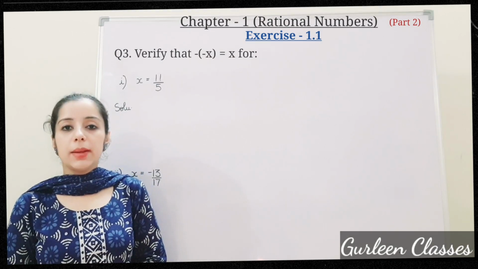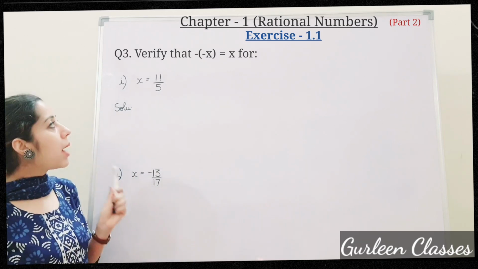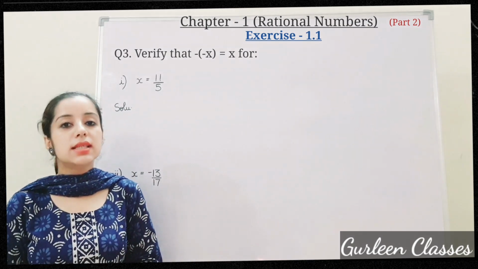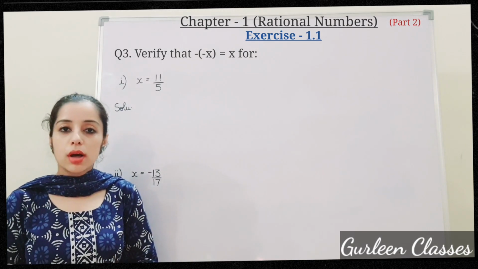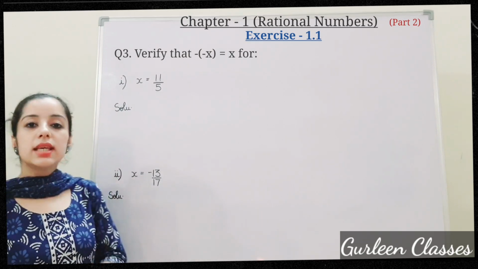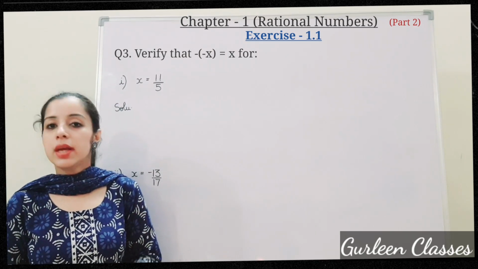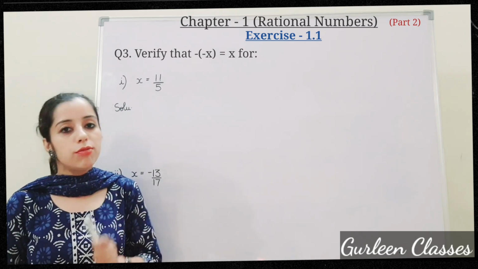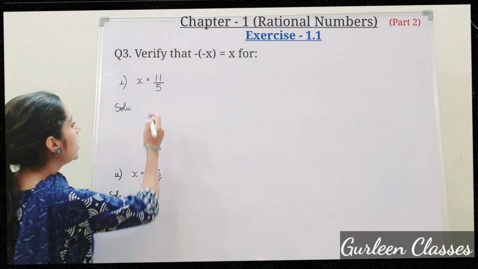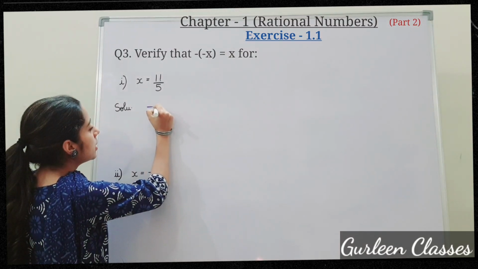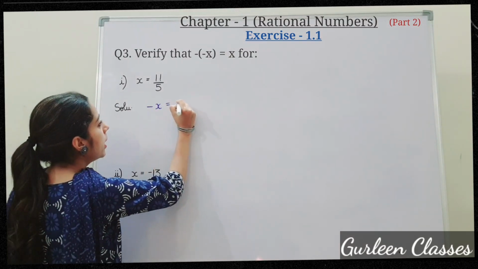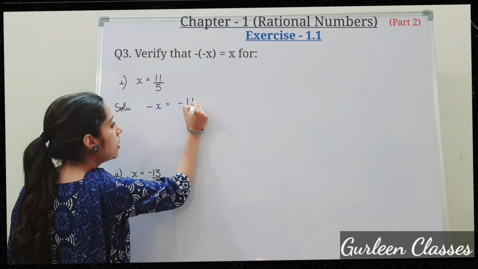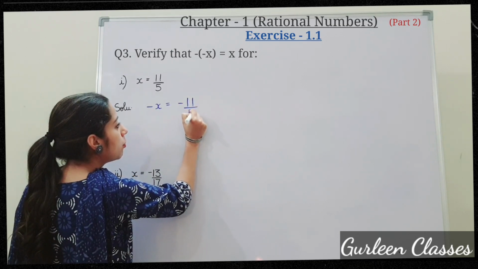Question number 3. Verify that minus of minus x is equal to x. For first part, x is equal to 11 upon 5. So here the value of x is given, that is 11 upon 5. So first let us find out minus x. So minus x will be minus 11 upon 5.